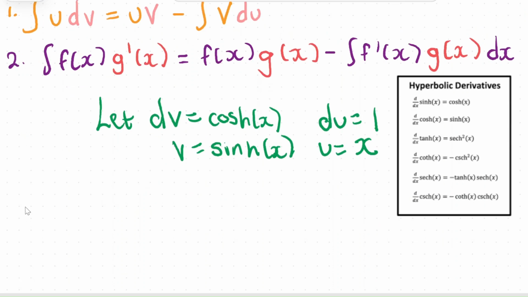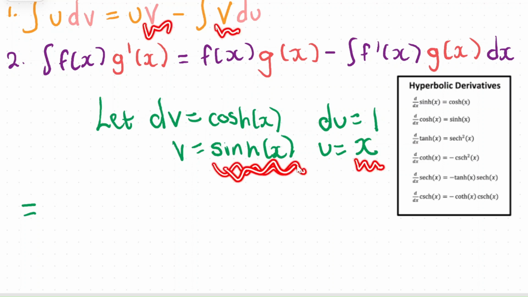Perfect. So now we can just move on to substituting the values, right? We've defined u to be x, dv to be cosh of x, v to be sinh of x, and then du is just going to be 1.